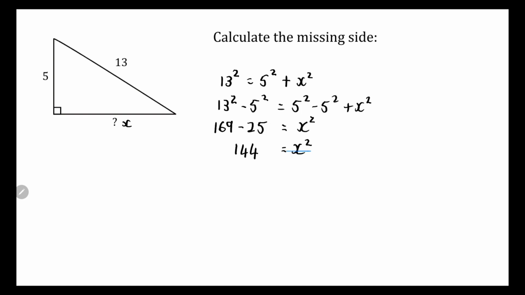And to get rid of the exponent, once again, you take the square root of both sides, and then your x would be equal to 12. And remember your units. If they don't clarify or mention any units in the question, just write down units. It's a better way of presenting your answer.